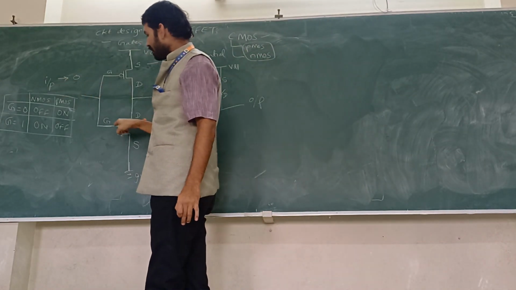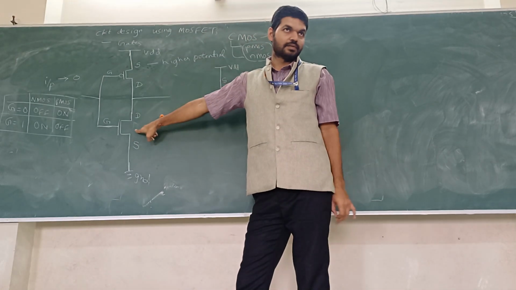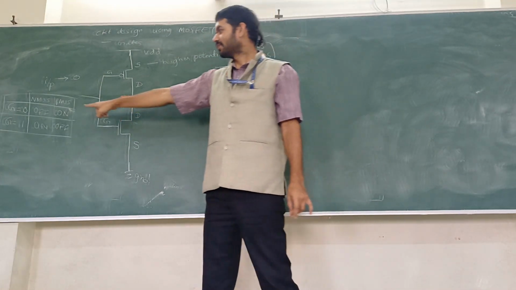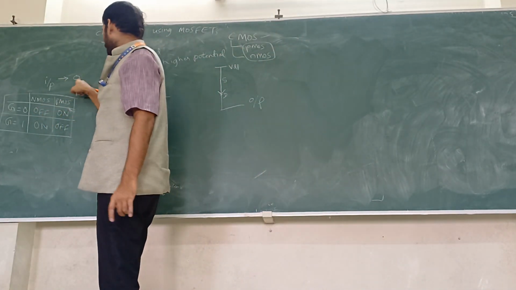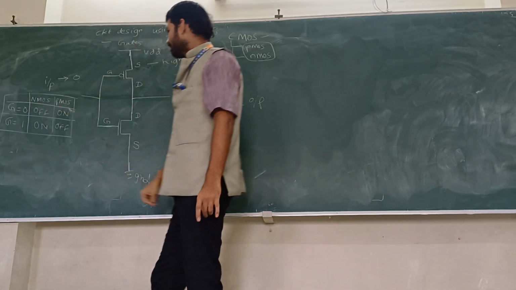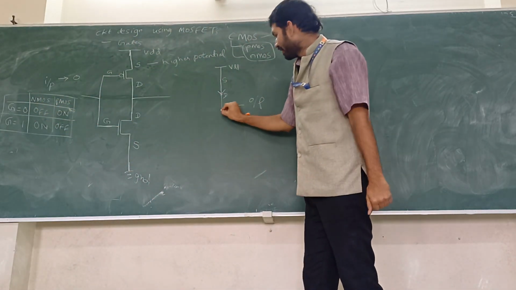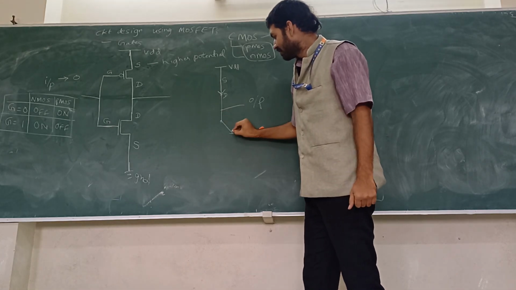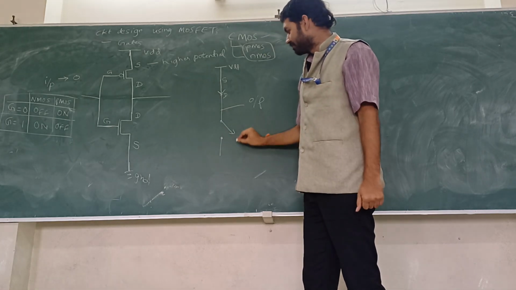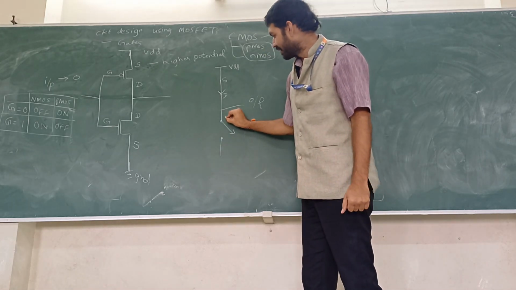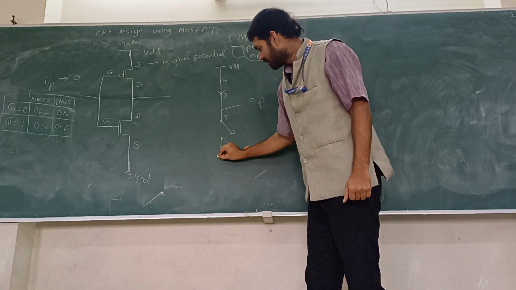And input is 0, what about NMOS? On or off? Input is 0, NMOS is off. So when it is off, there is no current flow, or I can say that the switch is open. So this is drain, this is source, and this is ground.